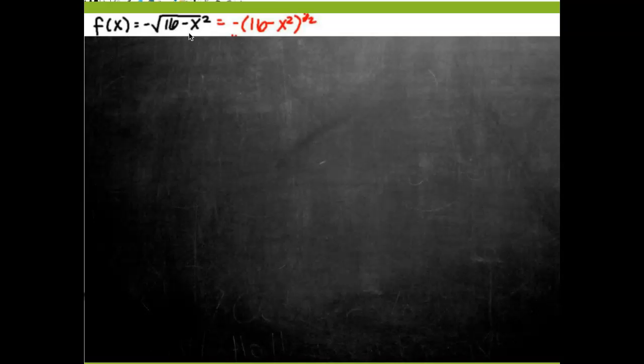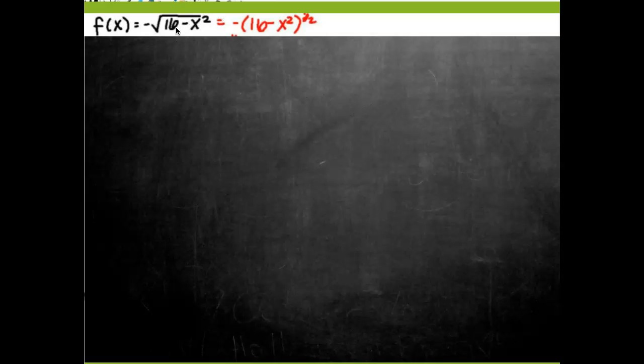So think about a formula that has x squared plus y squared equals r squared. A circle. This is the bottom half of a circle with radius 4. This equation represents the bottom half of a circle with radius 4.